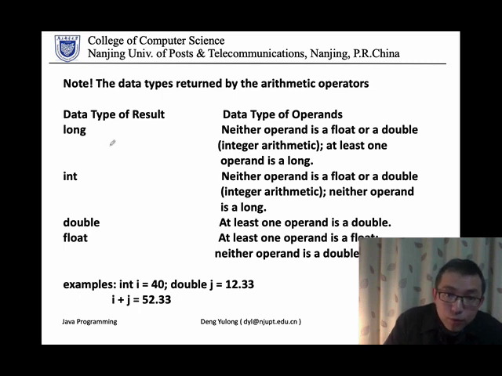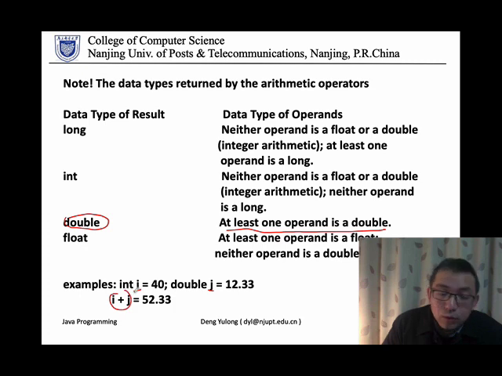For example, if there are two operands and one of them is a double type, then the return type is a double. Now we have two variables, one integer i and one double j, and we add them together.